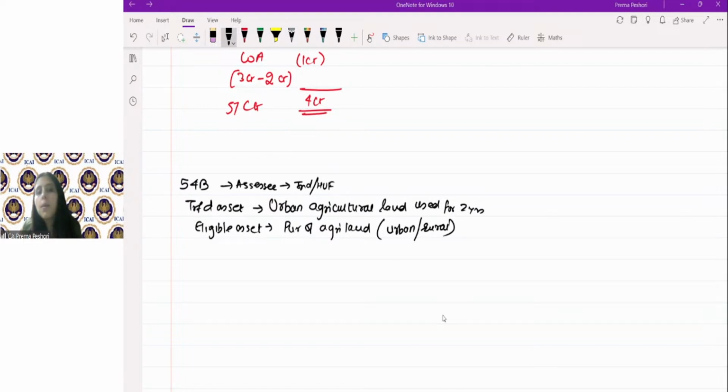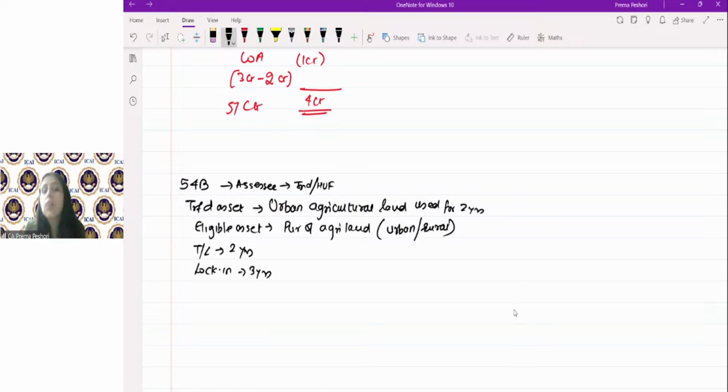What is the time limit? 2 years. Clear? The time limit here is going to be 2 years. Now, what if the asset is transferred before the period of 3 years? Oh, sorry, the lock-in period here is 3 years, like in 54, which is 3 years.